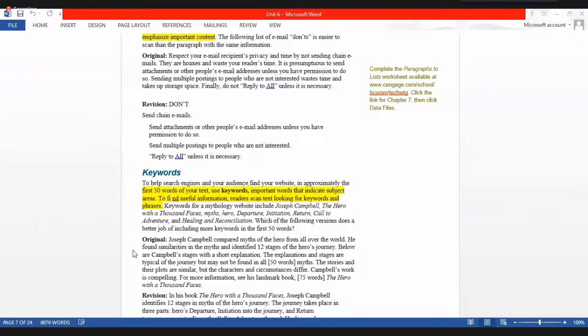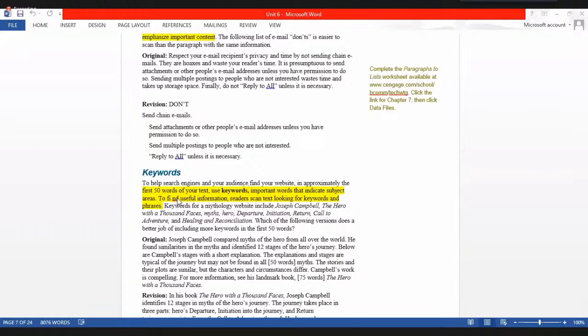Okay. So what you have to do, in the first 50 words of your text, use the important words of your text as keywords there. These words help the reader.